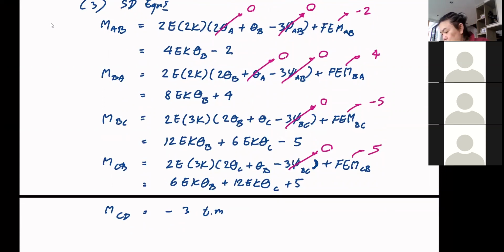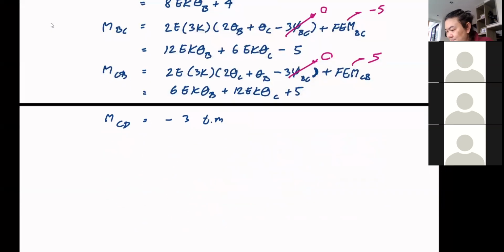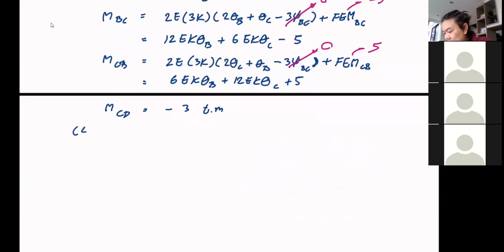No more questions, right? So it's high time we finish our equilibrium equations. This is not the first time, so let me write in the short form. Now we have sigma MB, which is equal to MBA plus MBC equal to 0.